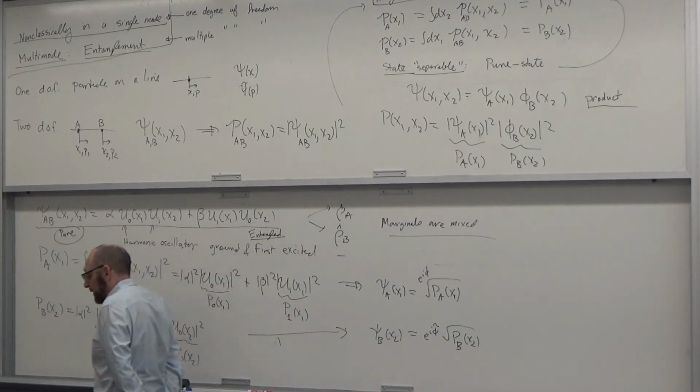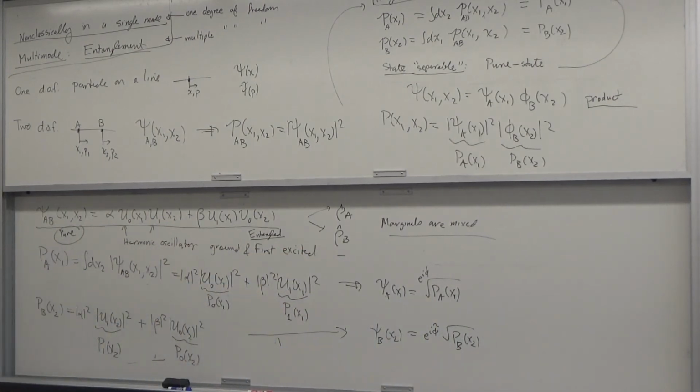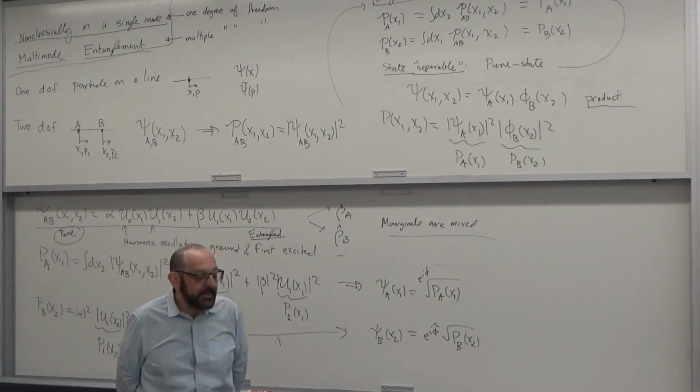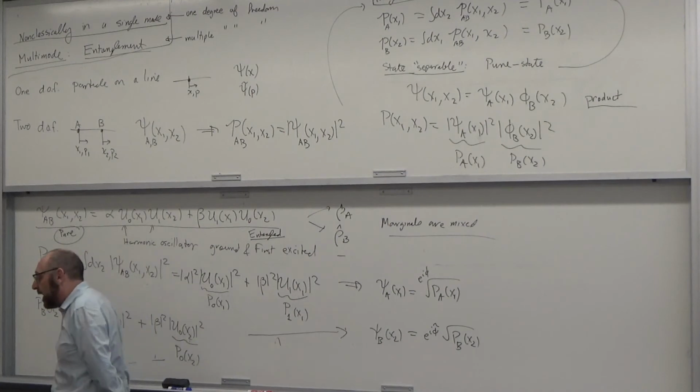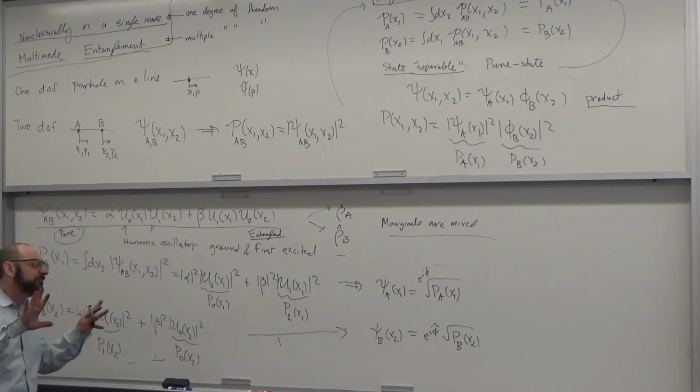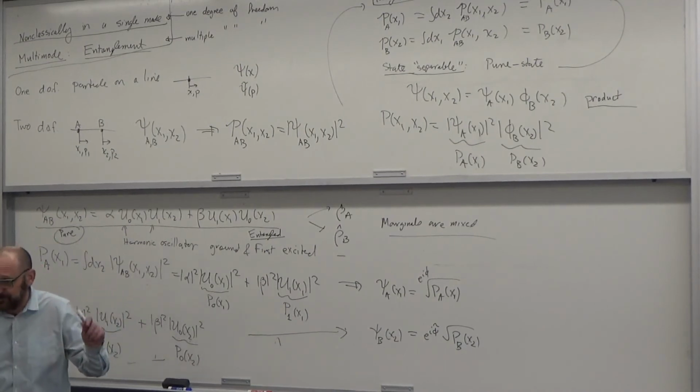EPR is about a particular kind of entanglement, the original EPR, which was in the 1930s. And that particular state actually wasn't so easy to make, and actually has its own issues relative to the whole question of local hidden variables, as we will see.